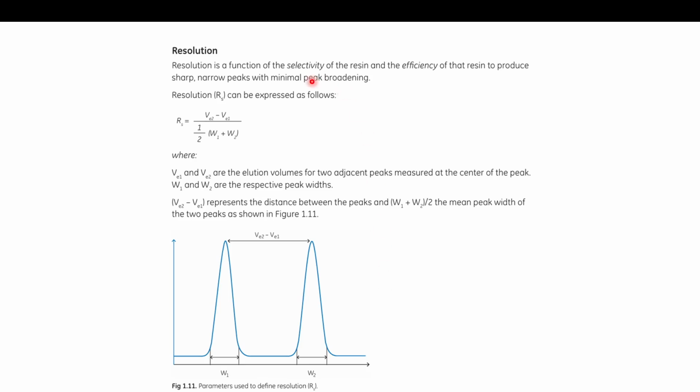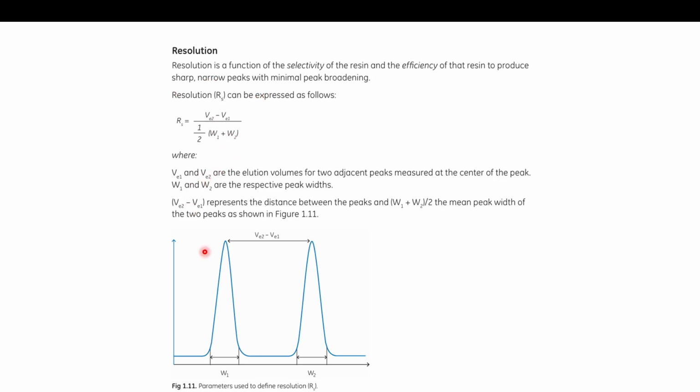Okay. So there is this term called resolution. In chromatography, we often use the term resolution, which refers to the selectivity of the resin or the matrix in question, and how efficient that matrix or resin is in producing sharp, narrow peaks with minimal peak broadening. Okay. So there's actually a formula as well to quantify the resolution of a particular matrix.